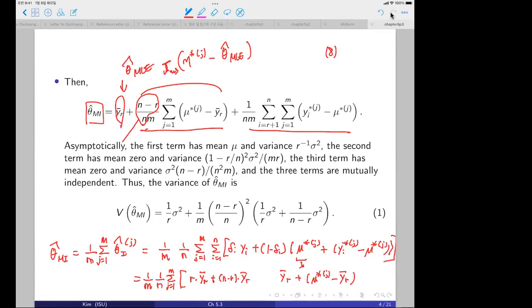And then plus m minus r times mu star J minus y bar r, plus the error term. And your last term has a summation over I equal to r plus 1 to n of y I star J minus mu star J.